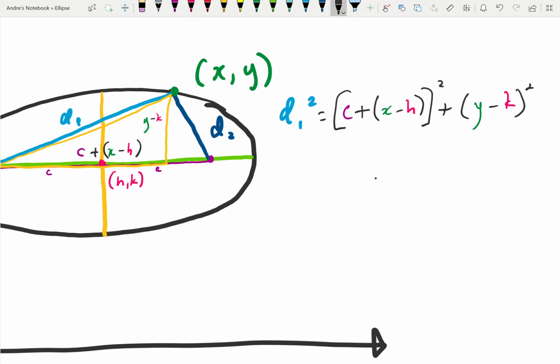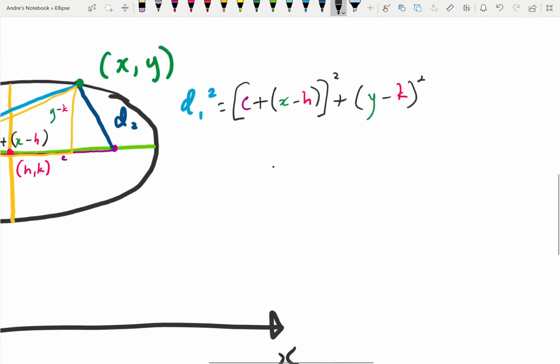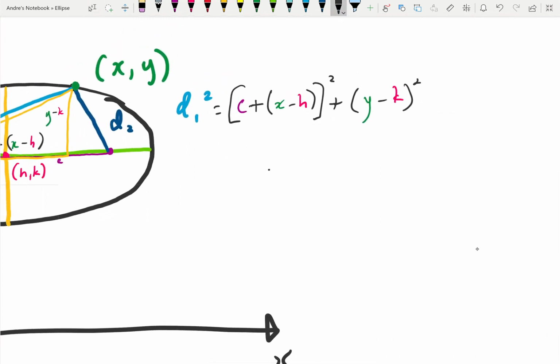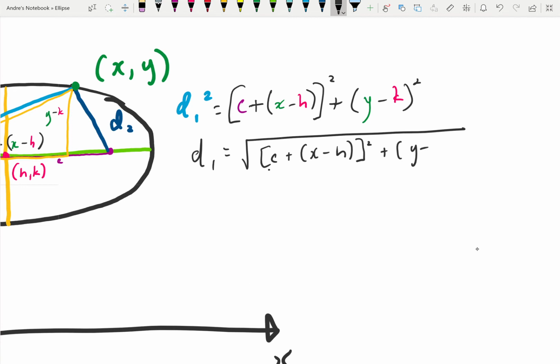We could take the square root of both sides of that equation to transpose for d1, where d1 will be just the root of (c plus (x minus h)) all squared plus (y minus k) squared.